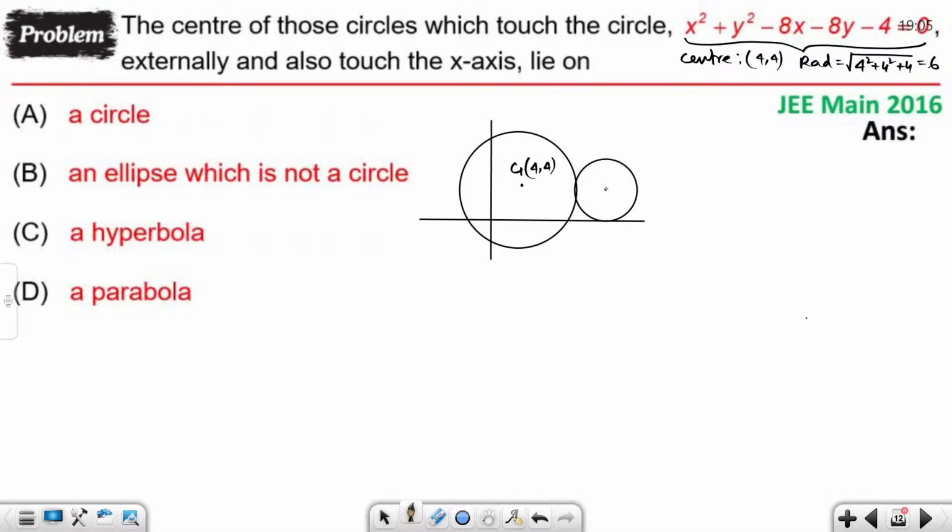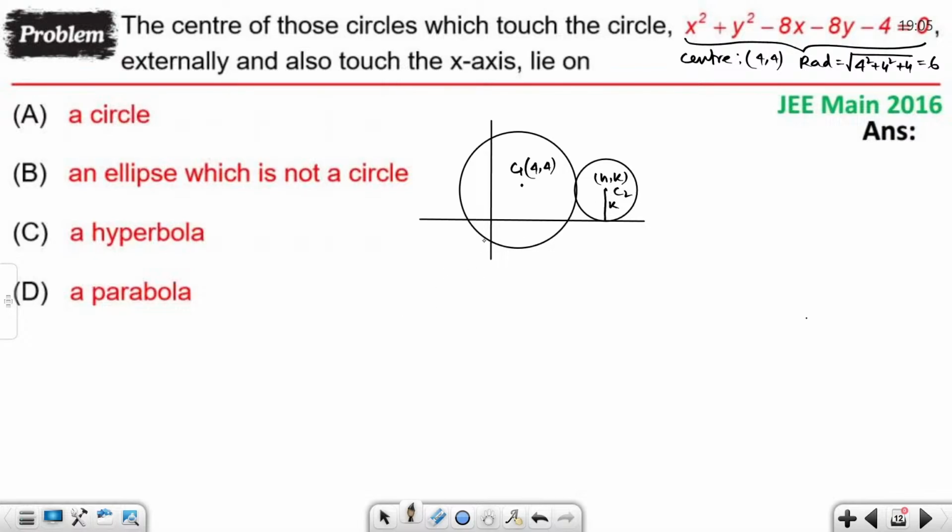So, let us say any point on the locus, that is the center of this circle, be h comma k. Let this center be C2. Therefore, its radius will be k. Why? Because it is touching the x-axis. So now we have to find the locus of the center of such circles.